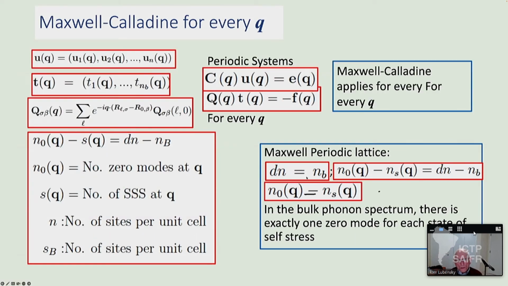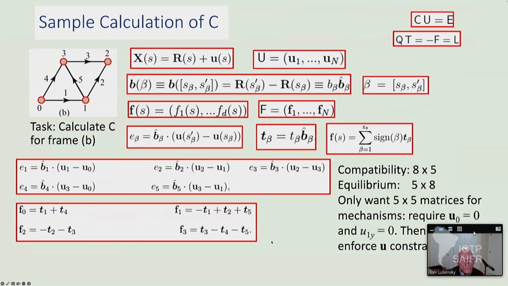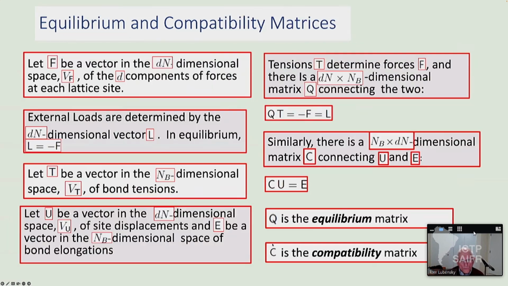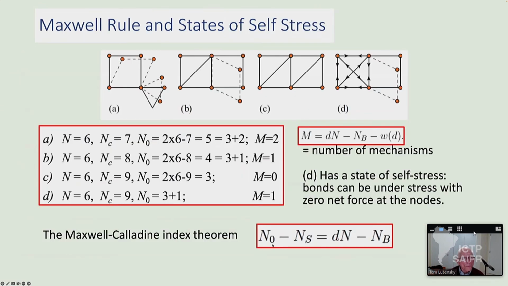We have dn equals nb, and n0 is equal to the number of states of self-stress. So we've calculated that the number of states of self-stress is equal to 2, because that's what we get out of doing the calculation of ns. And that means that we have, am I going backwards? I'm going backwards.